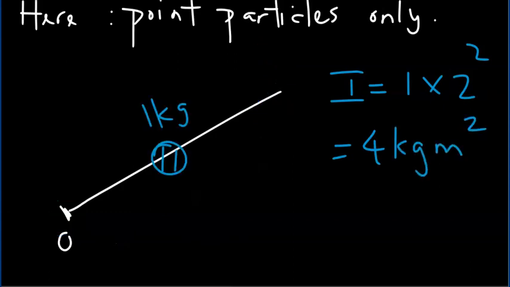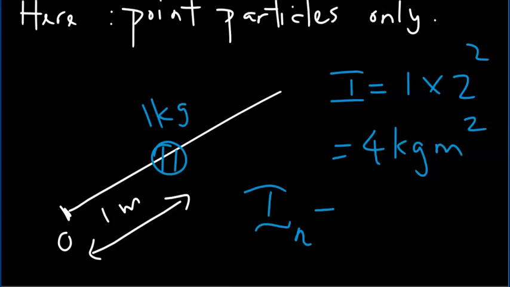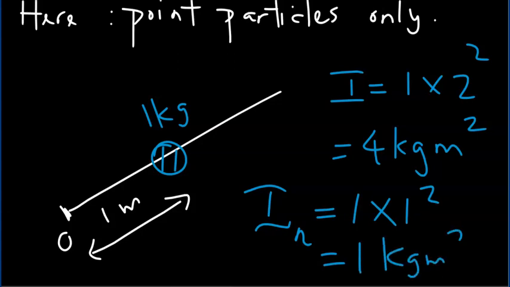Now let's assume I bring the 1 kg mass closer to the axis of rotation, making the distance between the mass and the axis of rotation 1 meter. The new moment of inertia of the system equals 1 times 1 squared, which is 1 kg meter squared. So you see how important the position of the mass is with respect to the axis of rotation.